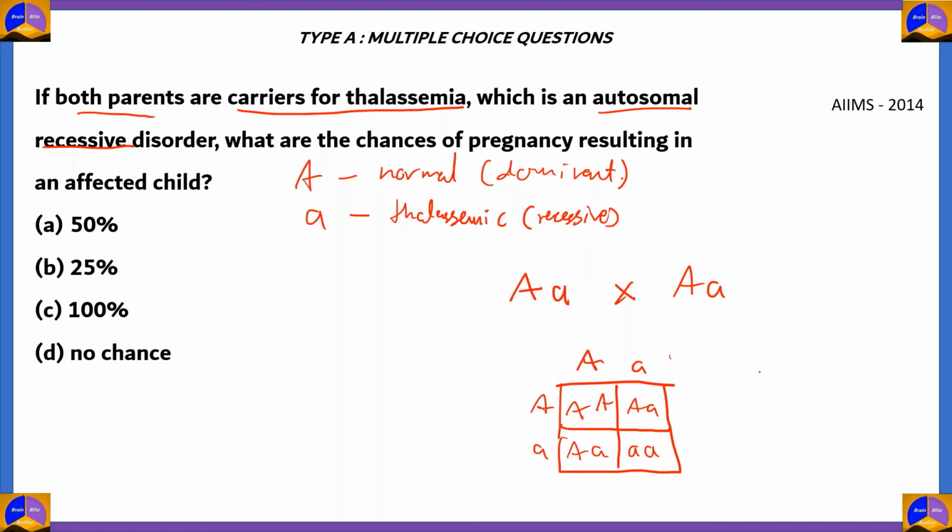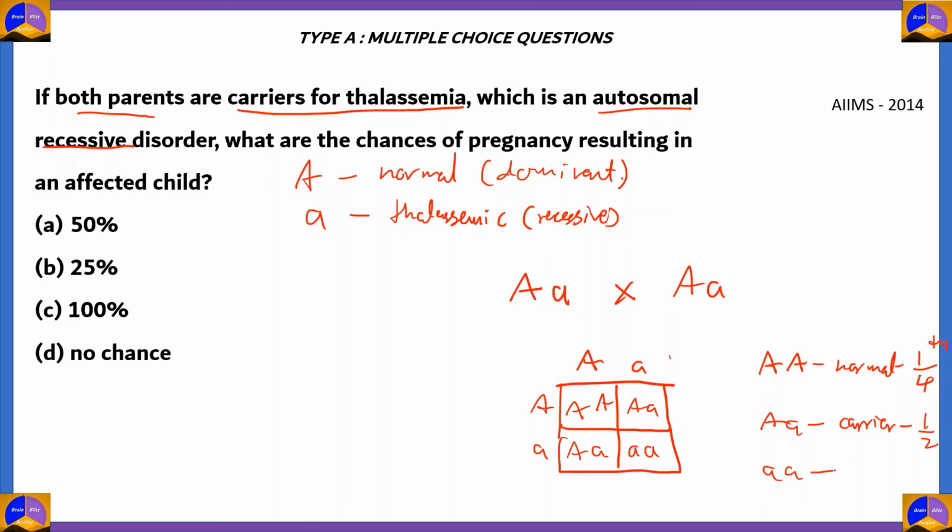So in this situation, we find that capital A, which is normal, is 1/4 of the total. And capital A, small a, which is carrier, will be 1/2 of the total population.